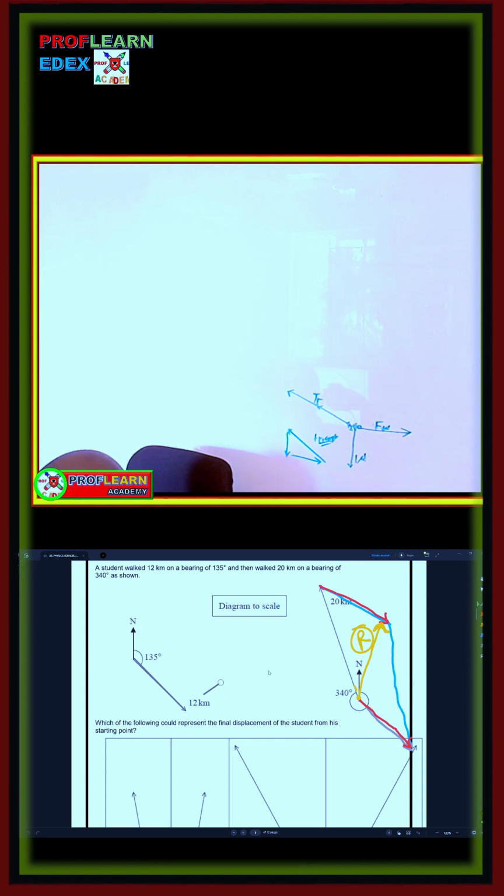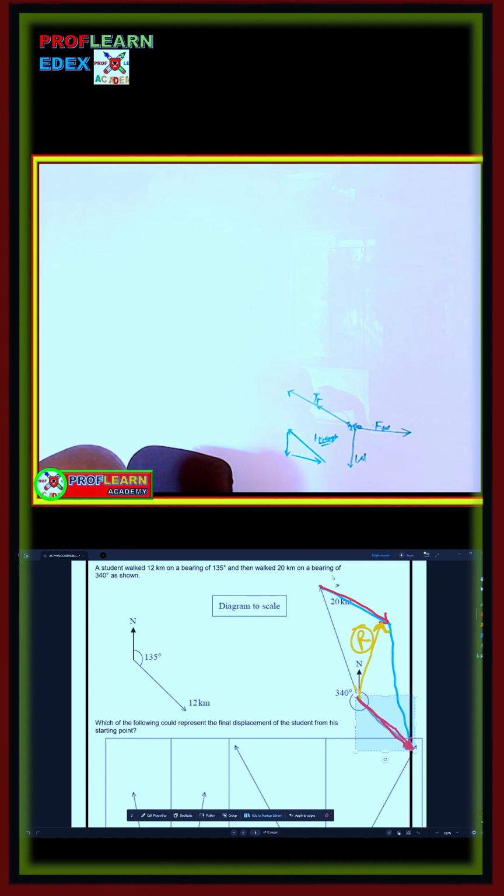let me just remove this. If we have a vector pointing this direction at this point, then we want to shift that vector so that we can join it to this other vector at this point here, so that we can draw a parallelogram.